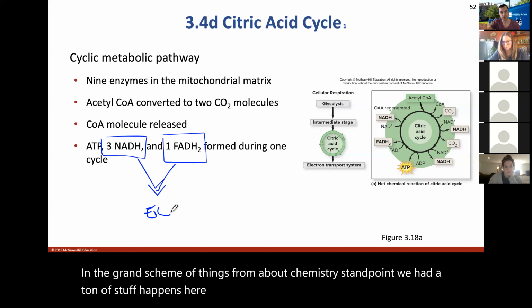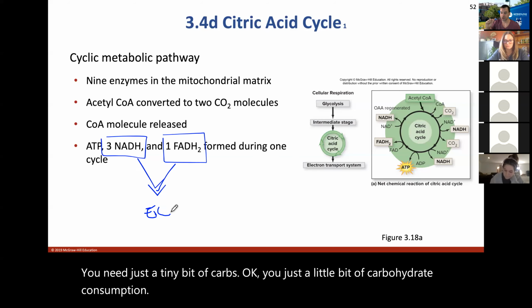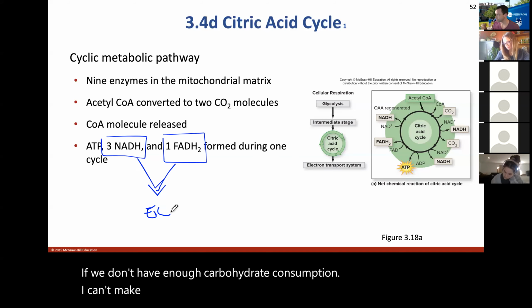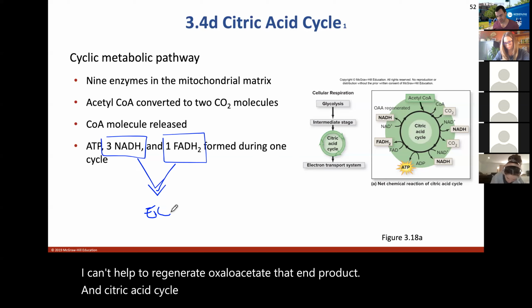And for this thing to keep turning, you need just a tiny bit of carbs. You need just a little bit of carbohydrate consumption. If we don't have enough carbohydrate consumption, I can't make oxaloacetate. I can't help to regenerate oxaloacetate, that end product. And citric acid cycle won't turn if I don't have enough oxaloacetate.